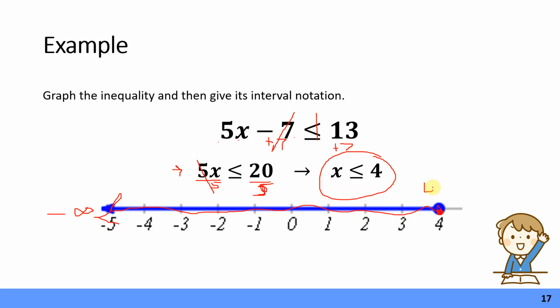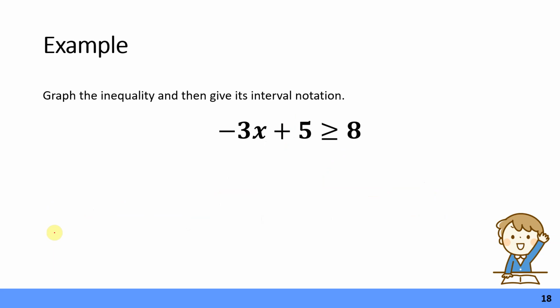And do I use a bracket or parentheses? So remember, look at your notes. Whenever you have this sign, we use a bracket. And who cares? Infinities always go with parentheses, right? So that's my answer. Negative infinity to positive 4. And please do not put it backwards. You cannot put the 4 first and then negative infinity. It's always the smallest number and then the biggest number.